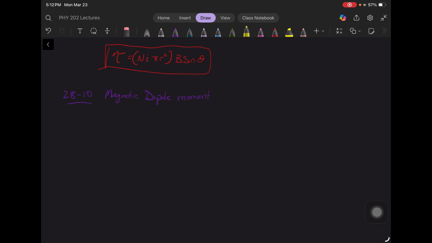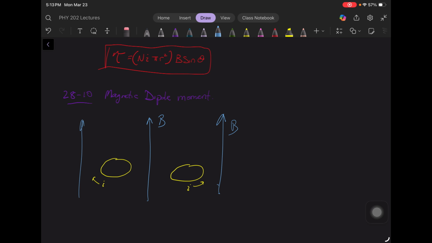And I guess to get started with that, we'll start with 2 loops of current going these ways respectively. And we'll say both of these are in an external magnetic field.